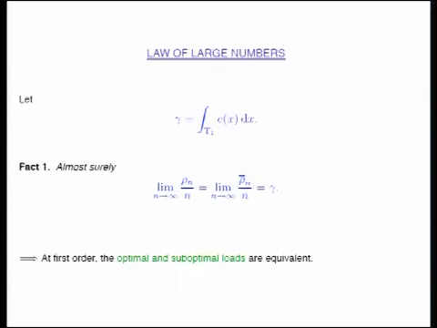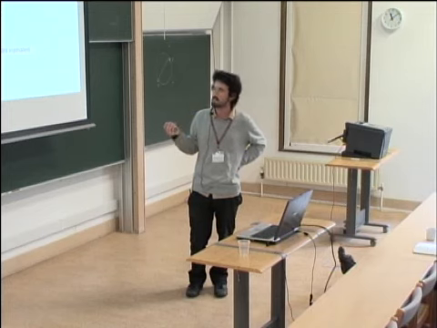So if I call gamma the integral over this Voronoi region T1 of C, it's very easy to see that almost surely the limits of rho n and rho bar n divided by n converge to gamma. Okay, we will just check that on the next slide.